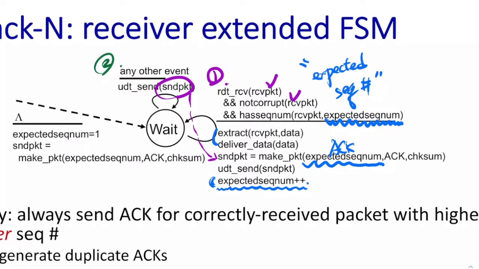And that's all. For a Go-Back-N receiver, only 2 different events. One is okay, then I send the corresponding ACK and add 1 to the expected sequence number. For all the other unknown events, I simply resend the previous purple ACK packet, to notify the sender that it should do retransmission.